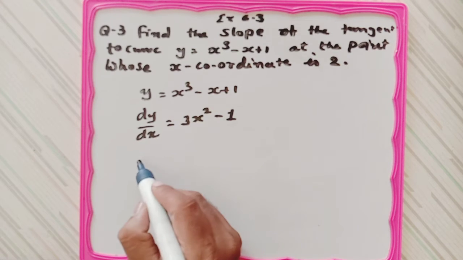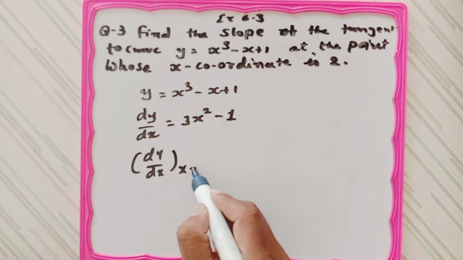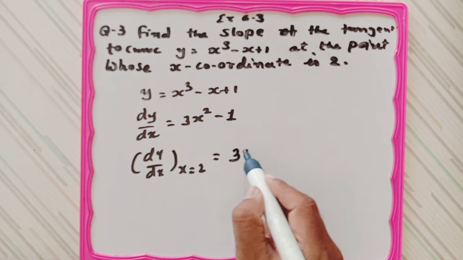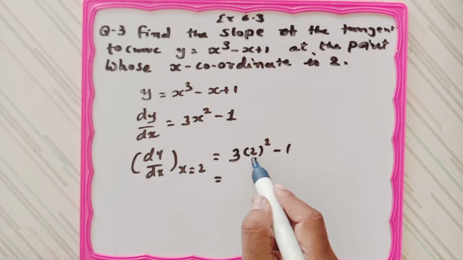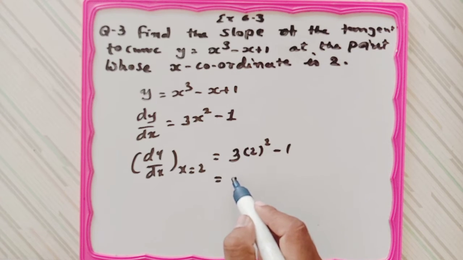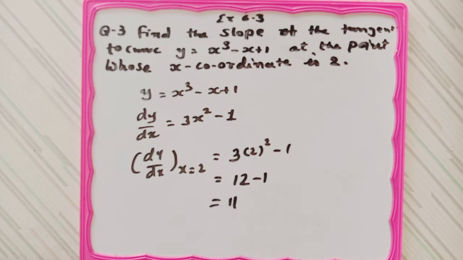Now the x coordinate is given as 2, so dy by dx at x equals 2 will be 3 into 2 square minus 1. So 2 twos are 4, 4 threes are 12, 12 minus 1 is equal to 11.